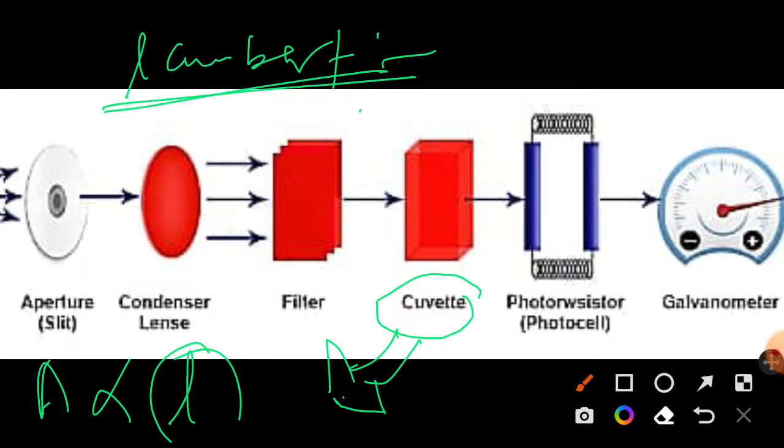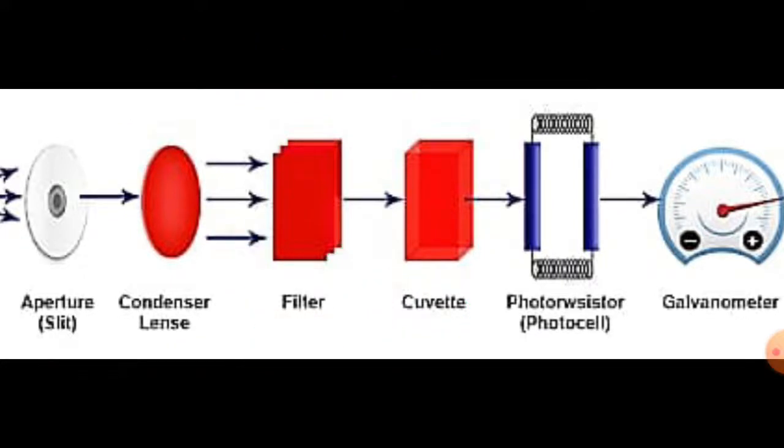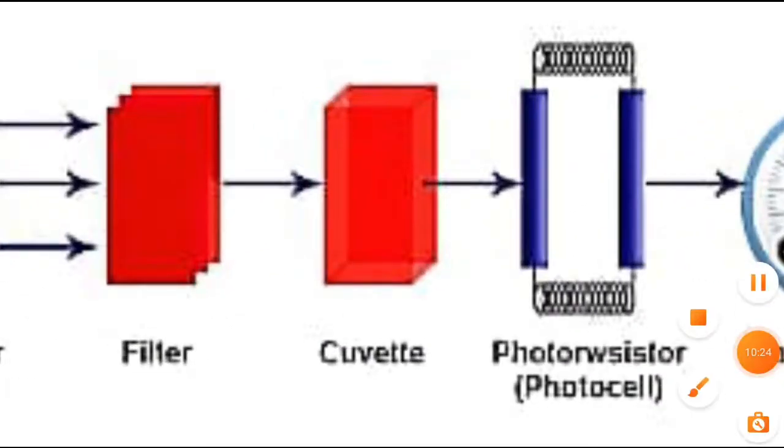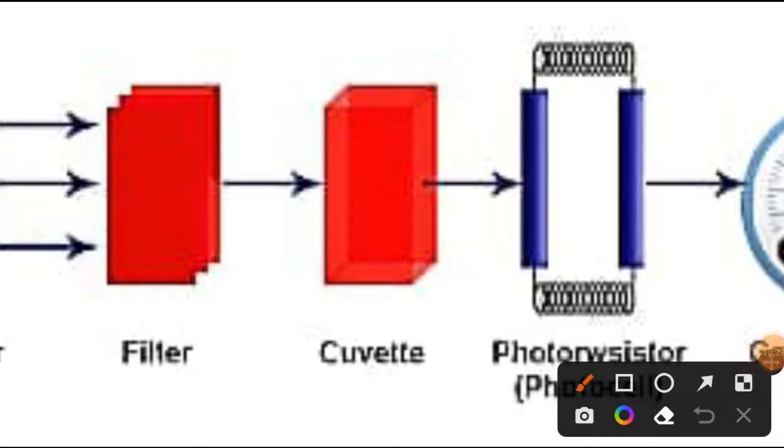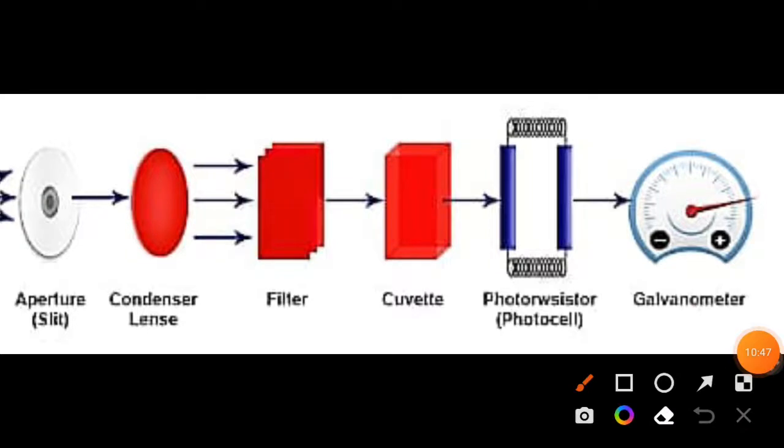So now the question is, what is the path length? Path length is nothing but the thickness of the cuvette that you are using. Let's try to think about this. Suppose I have performed an experiment where I want to derive the concentration of DNA, and you are performing the same experiment, and the sample that you have is exactly the same that I have. So it is obvious that we should expect the galvanometer reading will be the same in both cases, right?